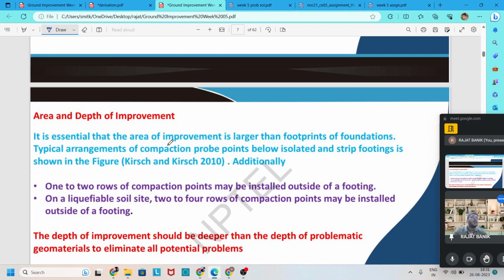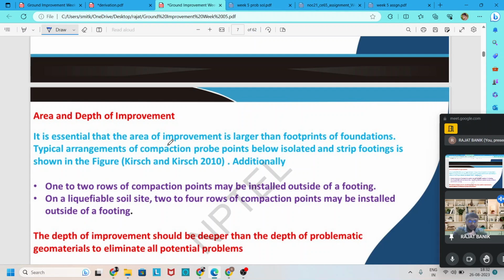It is not that every time we compact our zone only within the footing area; around or outside the footing area also, one or two rows or columns of compaction points may be installed. The load coming from the column is transferred to the footing, and the footing does not transfer it directly to very deep ground. It distributes the load to the surrounding soil.